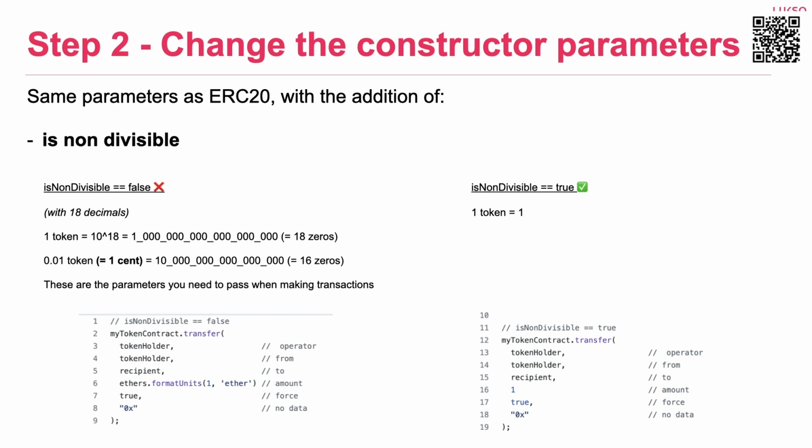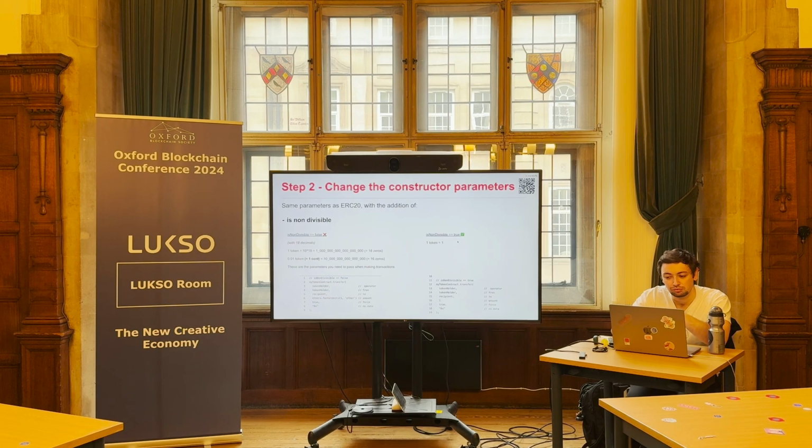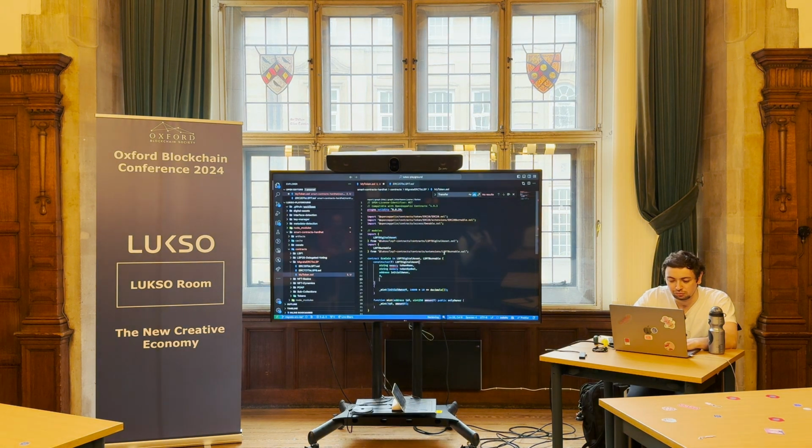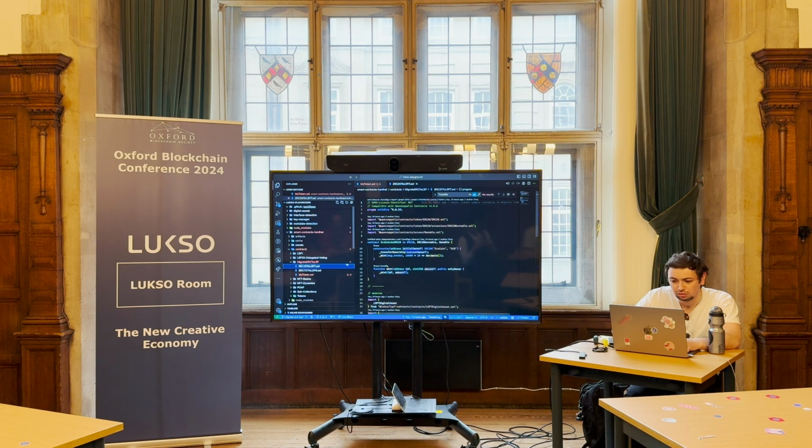In basic terms, if one token can be divided into multiple smaller units, like any fiat currency, where you can divide $1 into 100 cents, or if it's non-divisible, it's a full unit that you transfer. So here we're going to set non-divisible to false to make it standard. Yeah, we actually don't need that. Did I do it again?